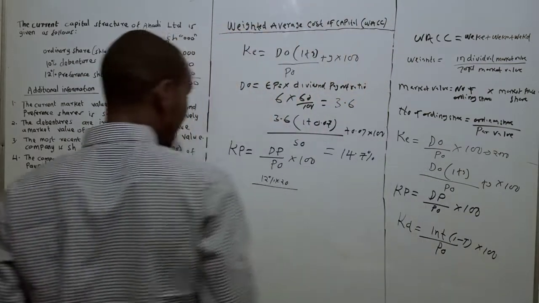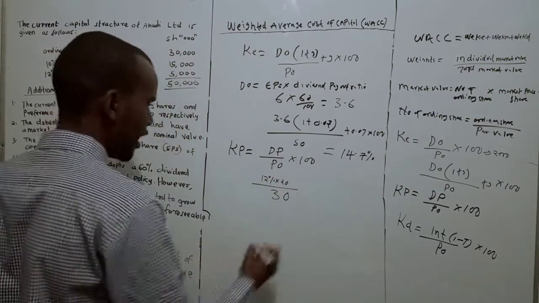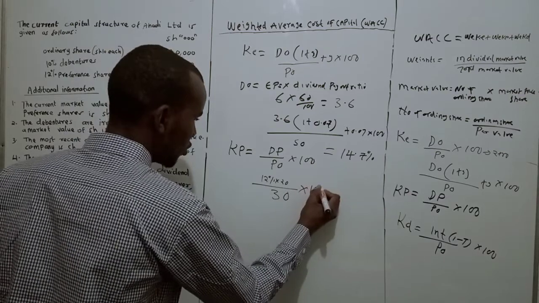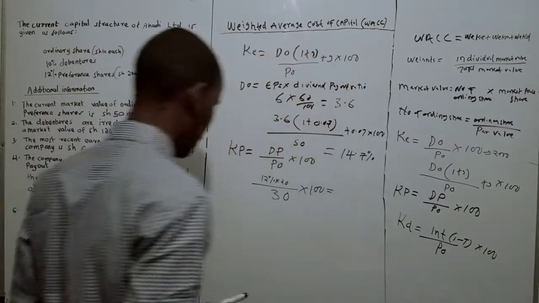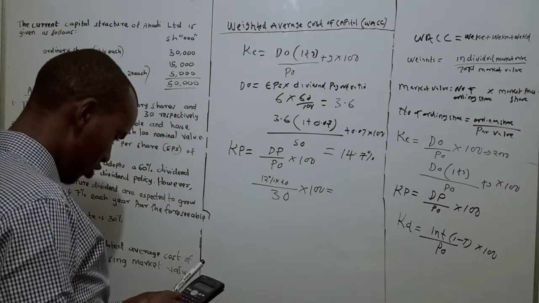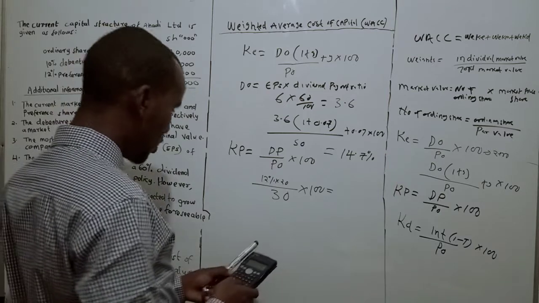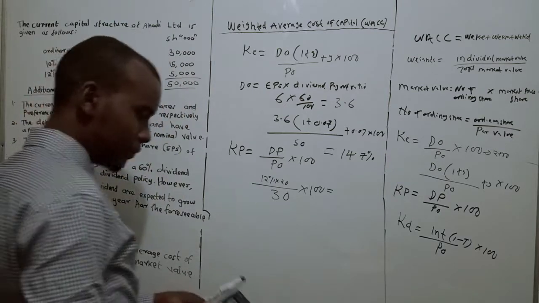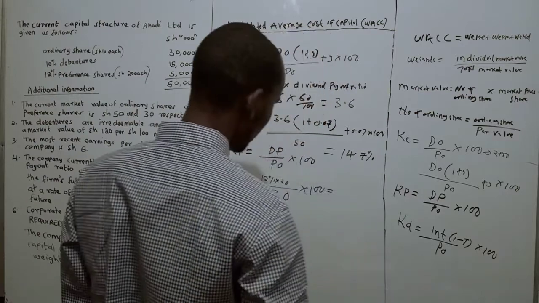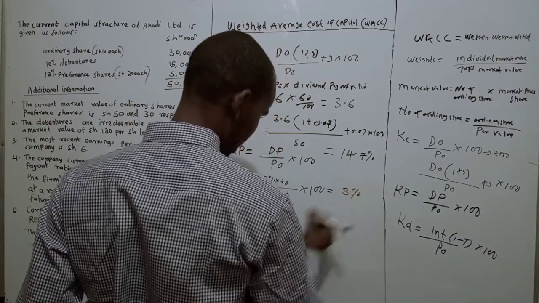Now we divide by 30, the market value per preference share, then multiply by 100. So 12 over 100, times 20, divided by 30, multiplied by 100. I'm getting 8%. So the cost of preference share is 8%.